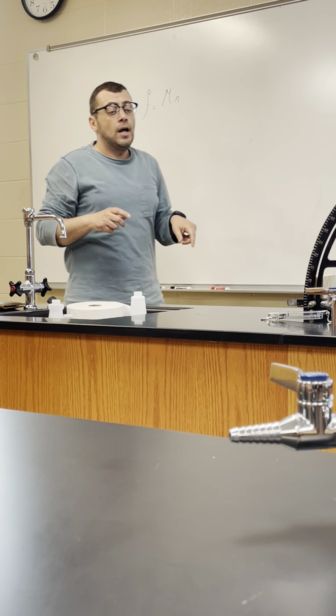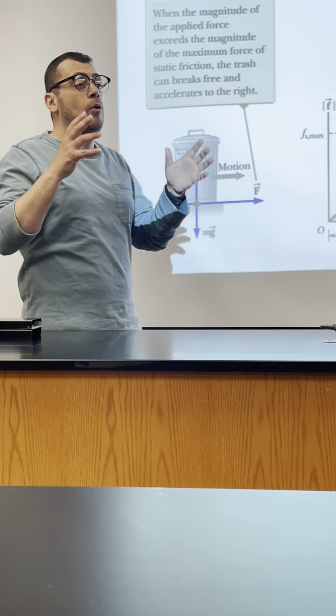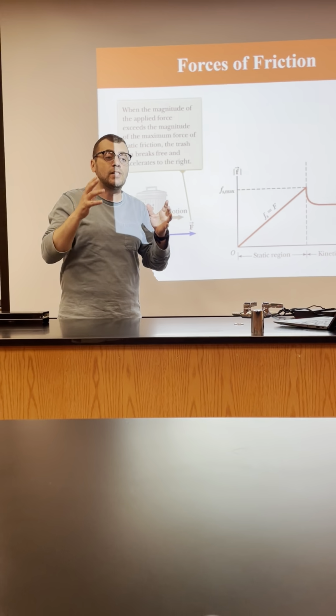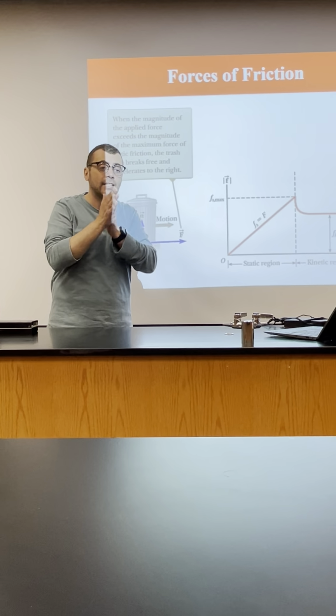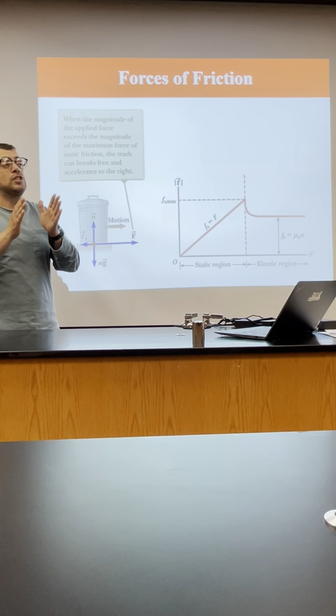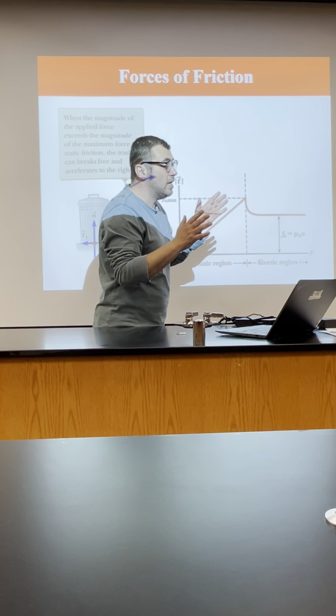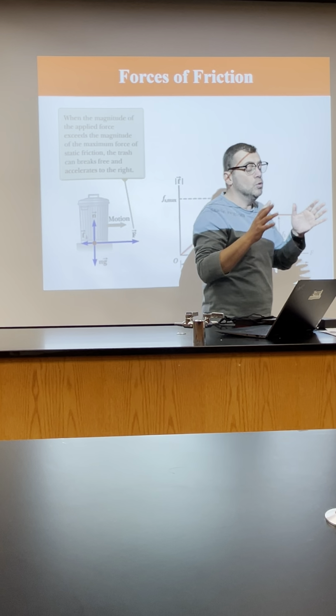The difference between them: even though both depend on the type of the contacting surfaces where they slide on each other, static is whenever the object is at rest, versus kinetic whenever the object moves.